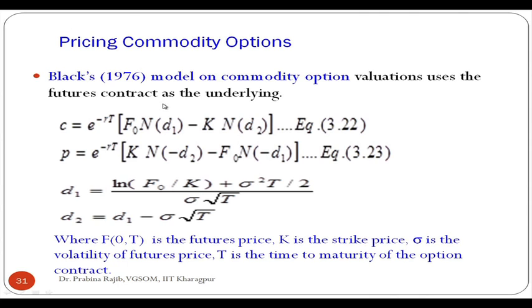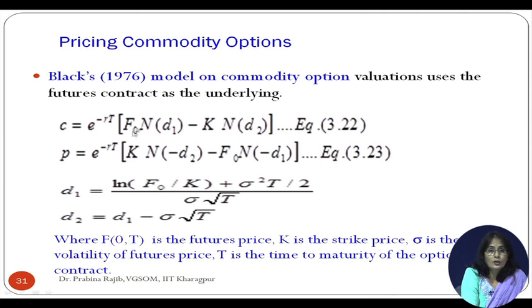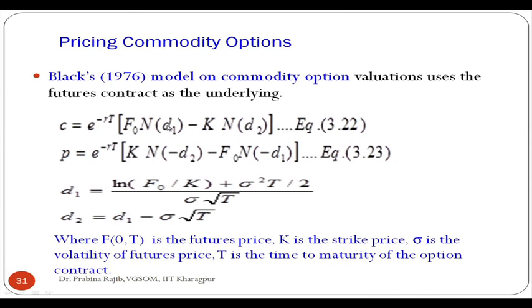If you recall, this is just the same formula with minor adjustment, because we are not using the underlying for valuing the call or put option, but we are using the futures price prevailing at that point of time as the underlying. So accordingly, your D1 and D2 have been defined: ln F0 by K plus sigma square T by 2.